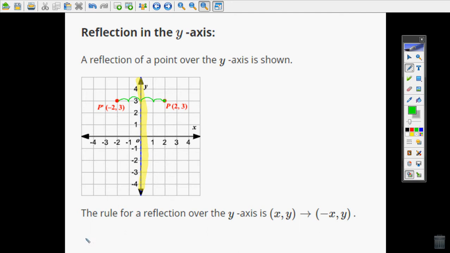So let's figure out what the rule is here. Notice that the x changed sign: 2 became -2, and the y did not change at all. 3 remained 3. So the way we note that in rule form is (x, y) becomes (-x, y). By the negative x, I just mean that it changes signs.